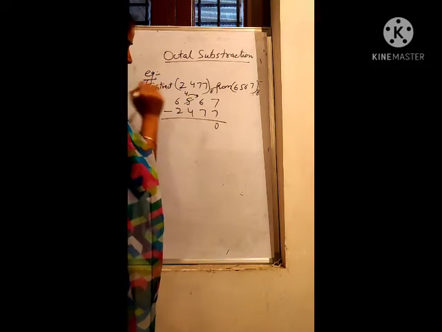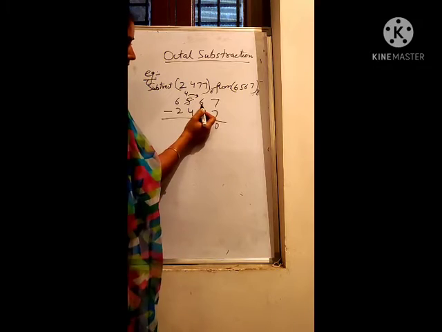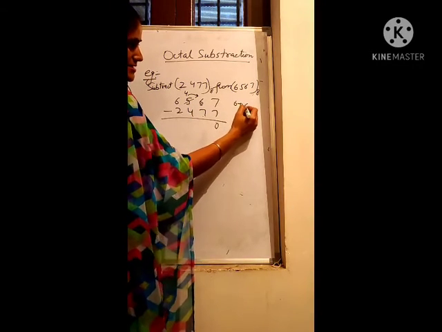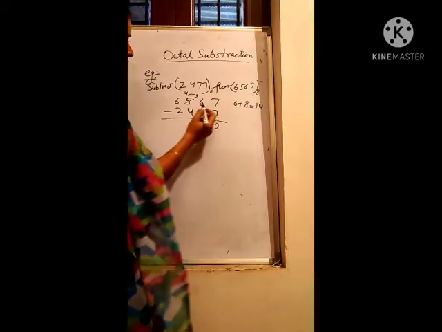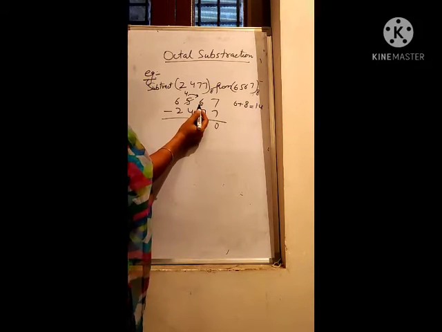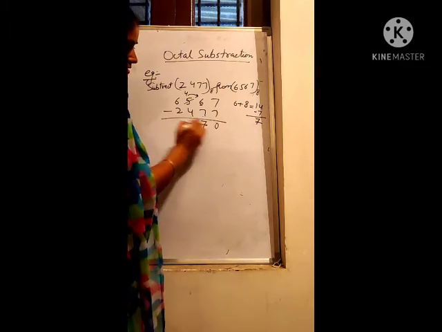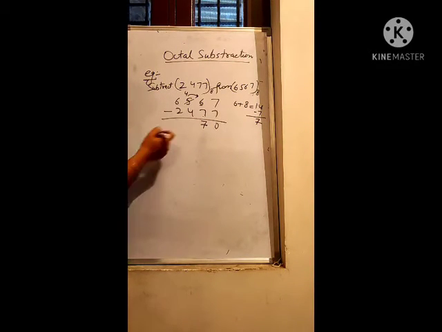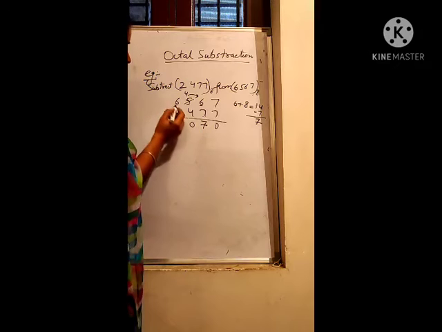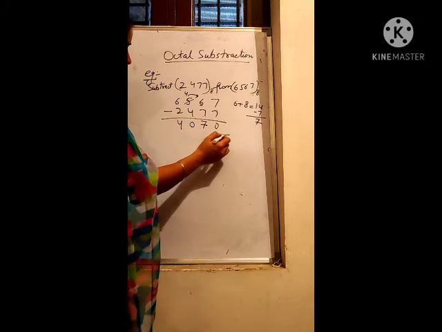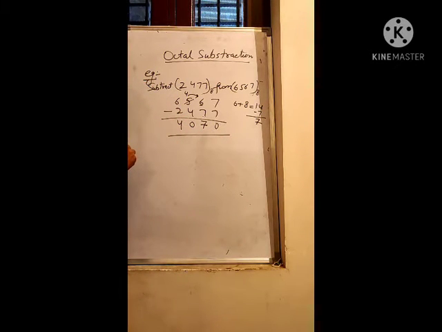It becomes minus 1, that is 4, and here 6 plus 8, that is now it becomes 14. So 14 minus 7, answer is 7. Is it clear? Now 4 minus 4, 0, 6 minus 2, 4. So it is our answer.